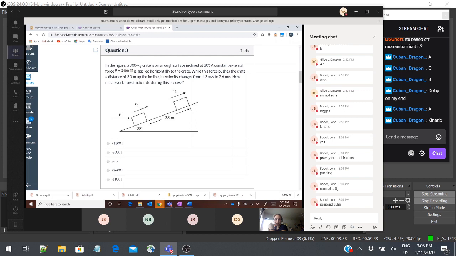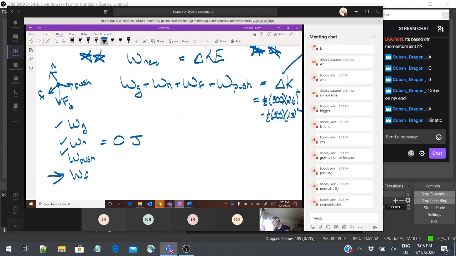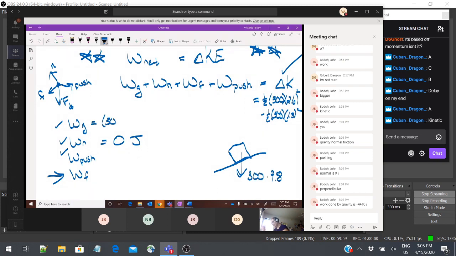All right, well, remember we do work as F d cosine theta. So we have an incline of 30 degrees. Our distance is 3 meters. The force of gravity is going to be 300 times 9.8. The distance is going to be 3 meters.